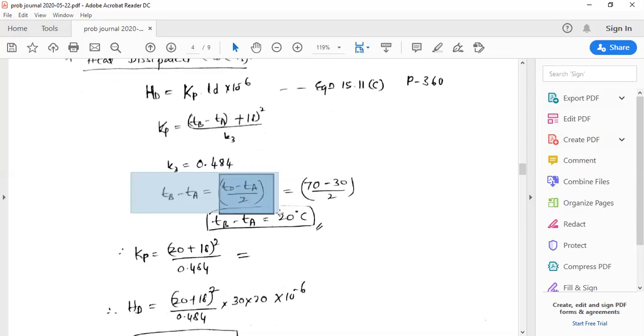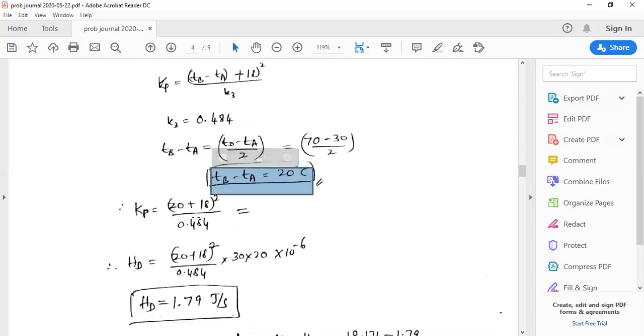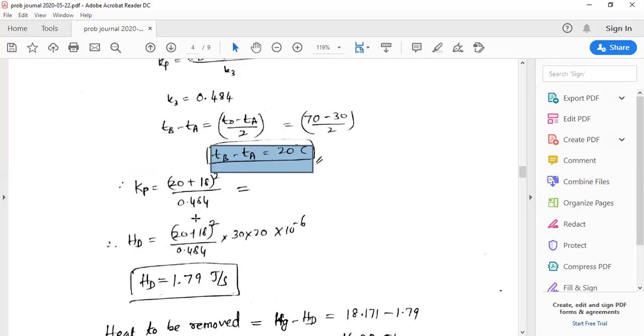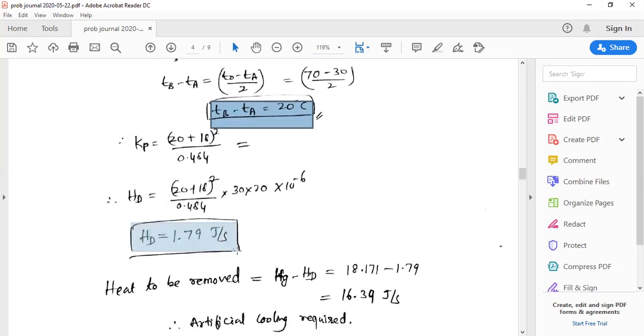This is another equation where Tb minus Ta, that is rise in temperature, can be calculated with the known operating temperature and ambient temperature. So (70 minus 30) divided by 2, so the rise in temperature is 20 degree centigrade. And this value is to be substituted in the respective equation. So that heat dissipated value is 1.79 joules per second.